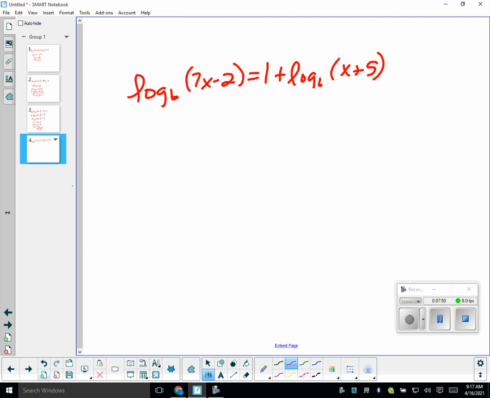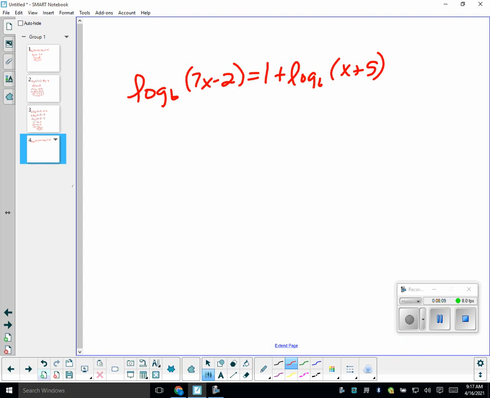Well, I can't get rid of the word log, because it doesn't match up, right? No, because I can't do it with the 1. See, the log of the whole side is not a log.